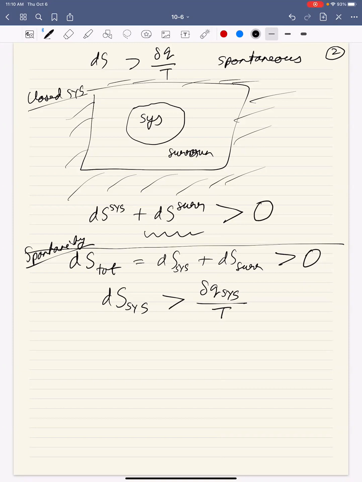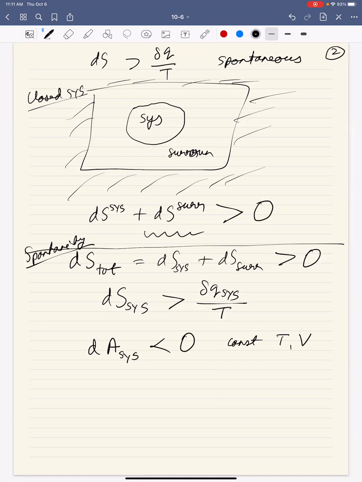We can do that in very limited cases, right? If it's an adiabatic reversible process, we can do that, and perhaps we cannot do it in the most generic case. But can we do it in fairly generic settings? We will show next that if the process is happening at constant temperature and volume, then there exists a state function known as A, such that dA system less than 0 is the condition for spontaneity.